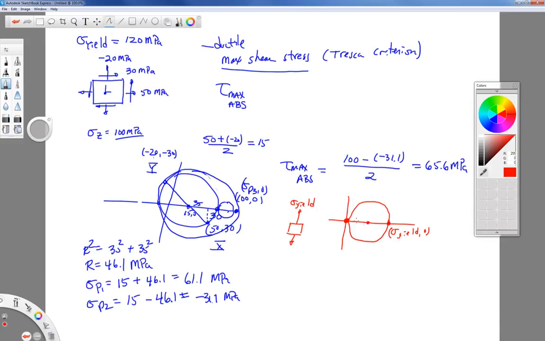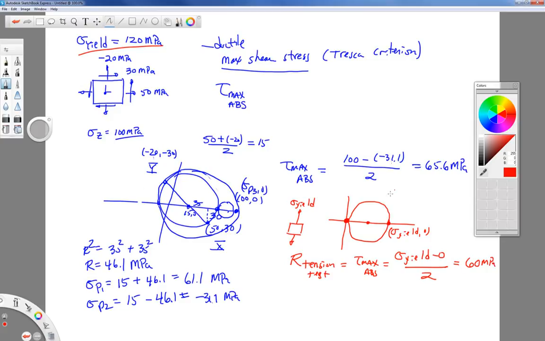Well, the radius of this circle, which is tau maximum absolute for the tension test, happens to be sigma yield minus 0 over 2. Sigma yield minus 0 over 2 for our material properties is going to be 60 megapascals.